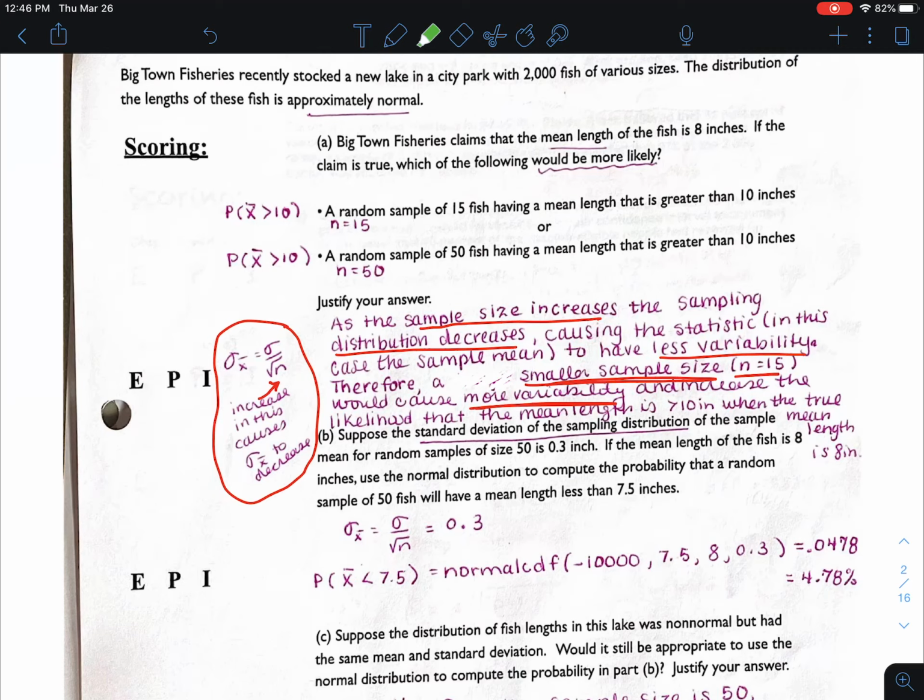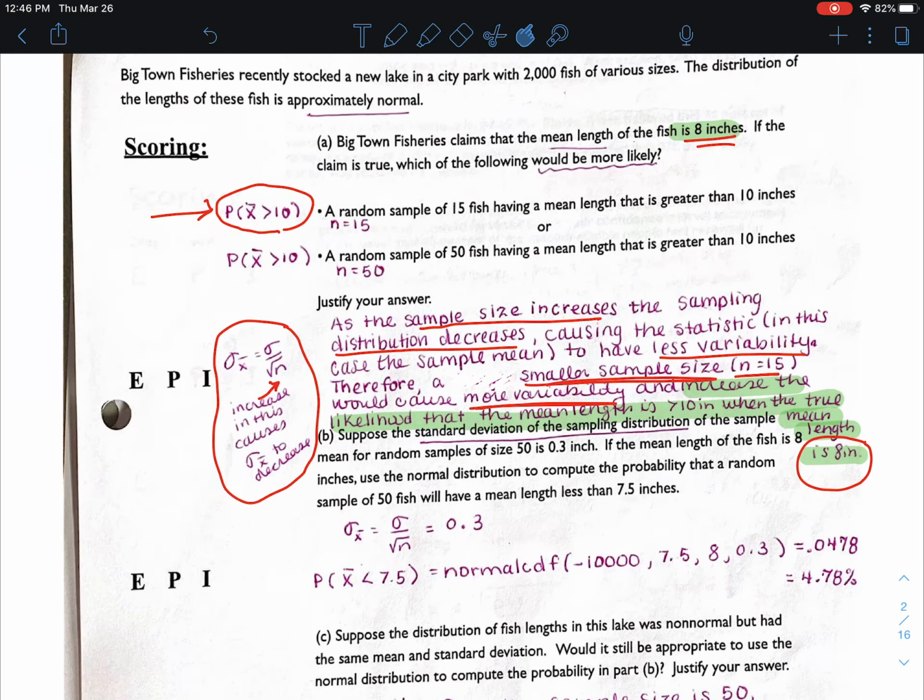That would increase the likelihood that the average length is greater than 10 inches if the truth is that it's really 8 inches, okay? Because the bigger samples you take, the closer you would expect your averages for your samples to be close to 8 inches if that's really what the truth is. Okay, so we would say that it would be the smaller sample size that would increase the likelihood of you getting the averages to be more than 10 inches there.